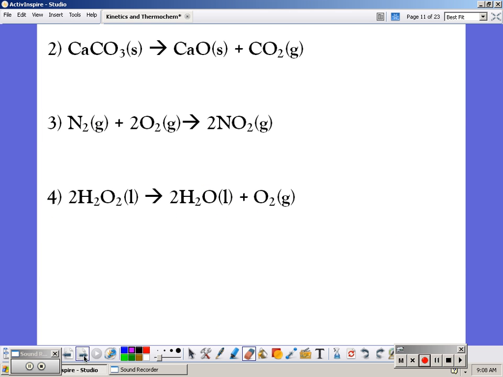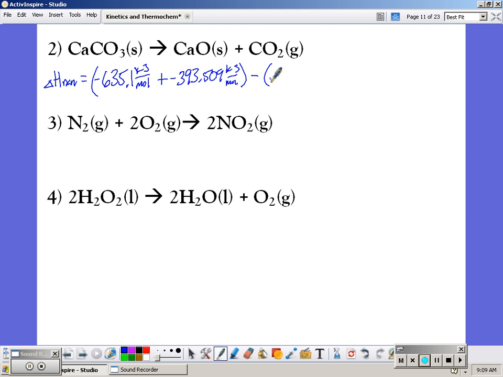Alright, so here's some more examples. Remember, it's products minus reactants. So my heat of reaction is going to be my product, calcium oxide, plus my value of carbon dioxide, minus my reactant, calcium carbonate.